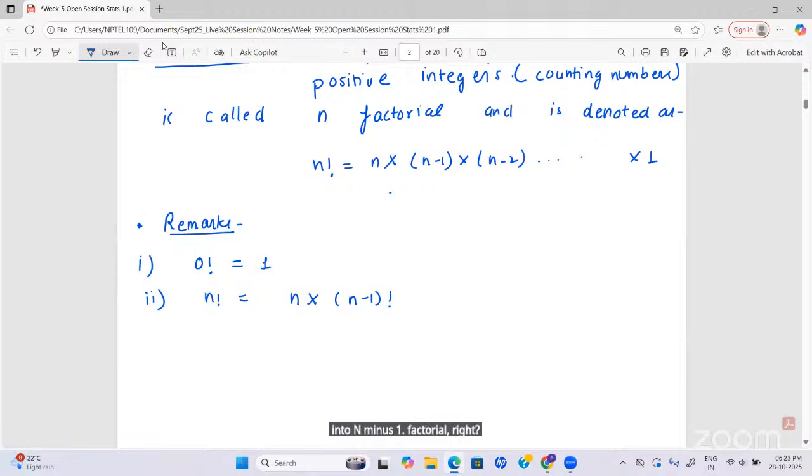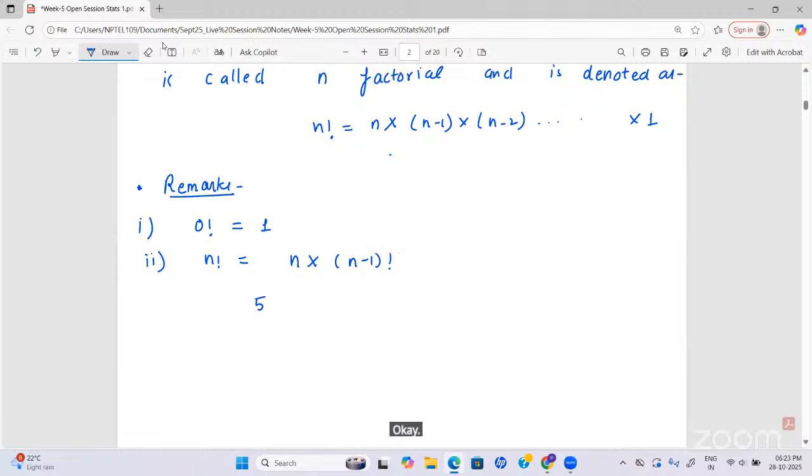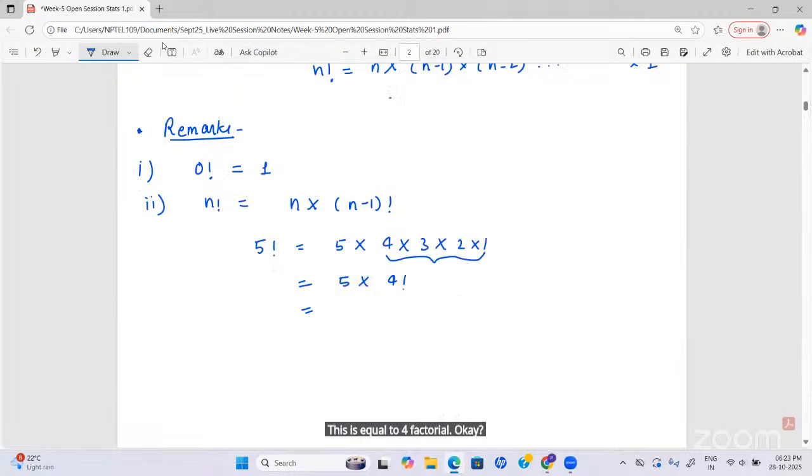Is that correct? Yes, ma'am. Suppose we have 5 factorial, so that we can write as 5 into 4 into 3 into 2 into 1. Now you can see that 4 into 3 into 2 into 1 is equal to 4 factorial. And you can also write it like this, 5 into 4 into 3 factorial. That is also correct.